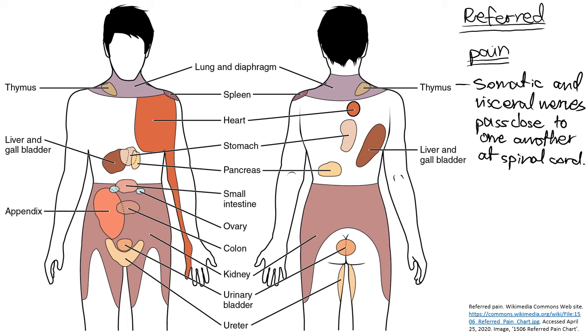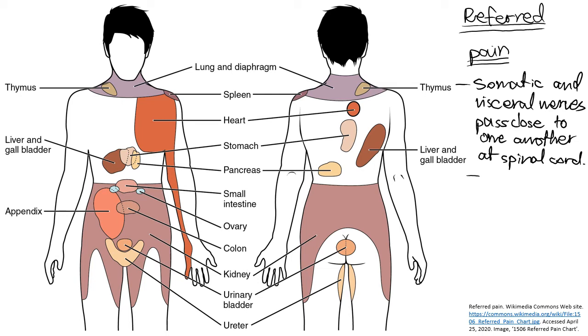And what that means is that the brain may not be able to differentiate between them and therefore cause pain to be felt in places other than where the pain originates from. So I'll write that down now, but I think it's better when I explain it using the diagram.